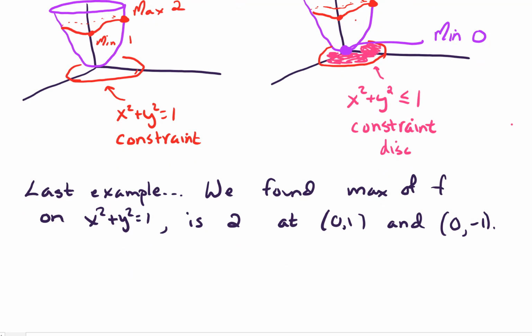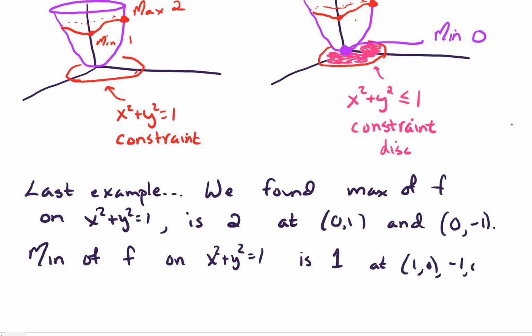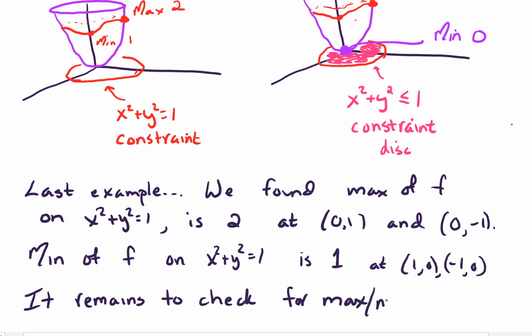And similarly, there's a min of f on the circle, and that is a min value of 1, and that happened at 1, 0 and negative 1, 0. So it remains to check for max and min on the interior.